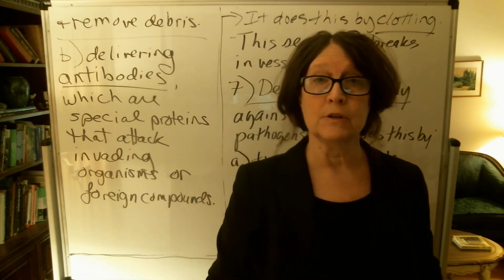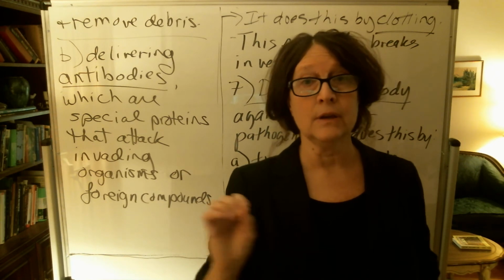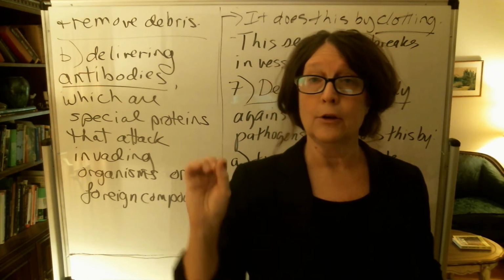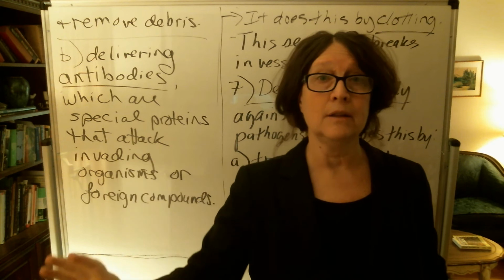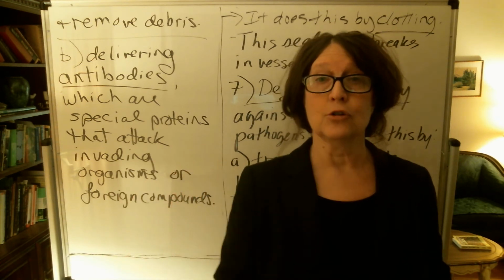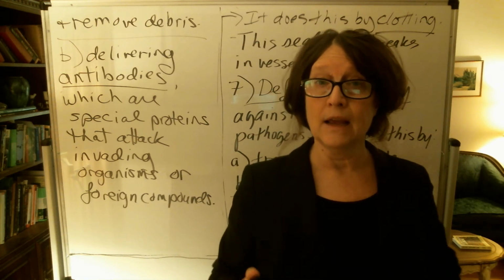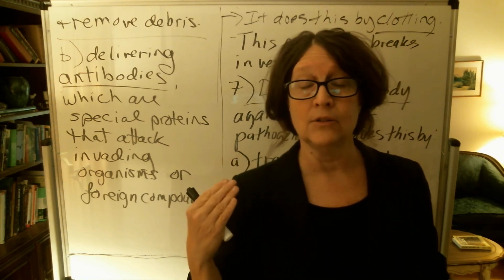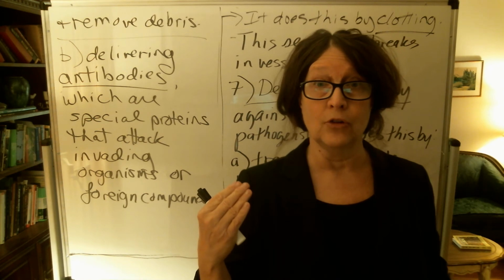Those specific proteins are your antibodies. As I said, think of them like little protein robots. They're cheap, they can be made in their thousands, and once your specific immune system starts doing this, you then have a very good chance of fighting the infection if it has not progressed too far.